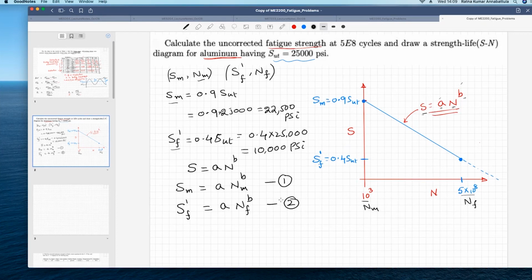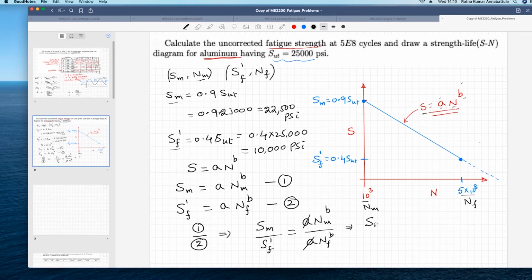Correct? So now I can do 1 divided by 2. That implies SM divided by SF dash is equal to A NM power B by A NF power B. A gets cancelled.